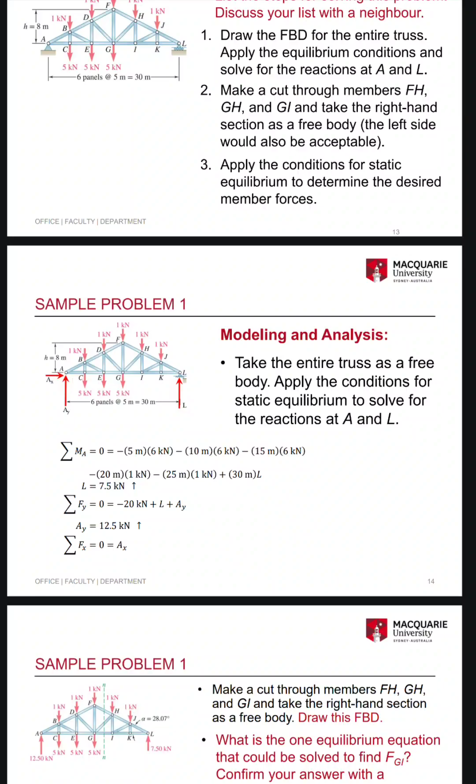Summation of Fy in the y direction is 0, we can see minus 20 kilonewton. How did that appear on the y direction?